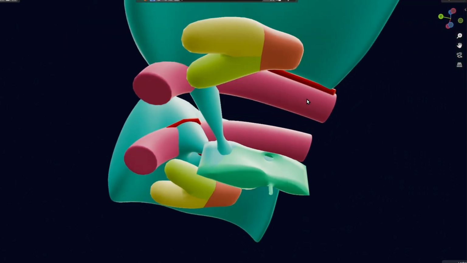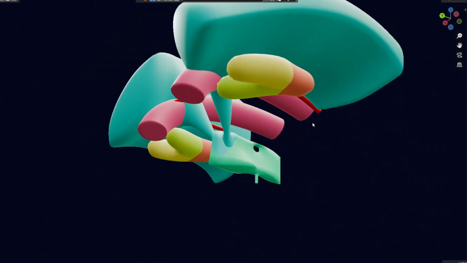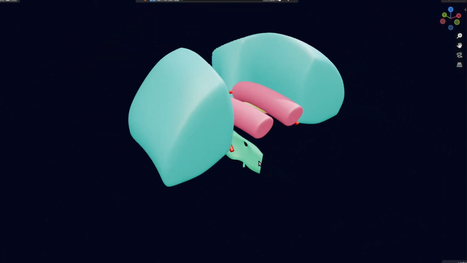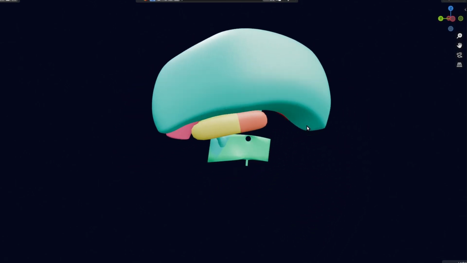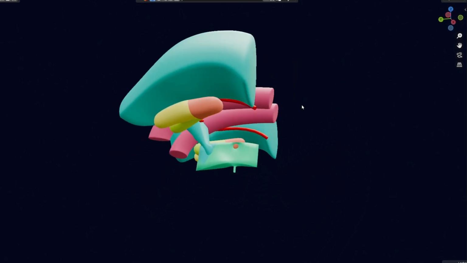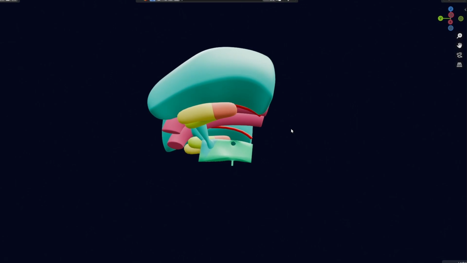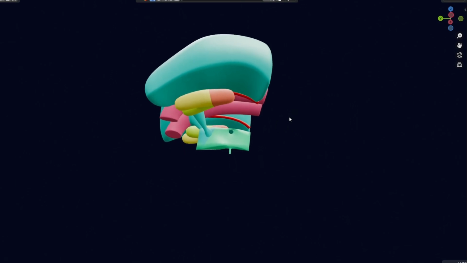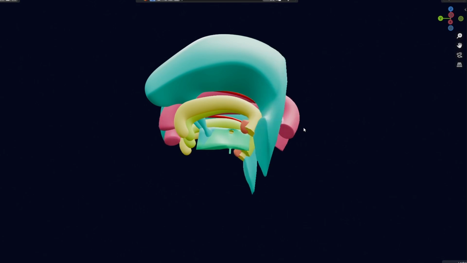Now the situation with the hippocampus is again very similar: like the lateral ventricle, it undergoes remodeling as it is folded. The primordium of the hippocampus will also fold like this, as we have discussed already.